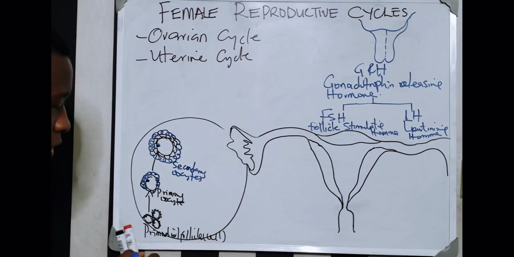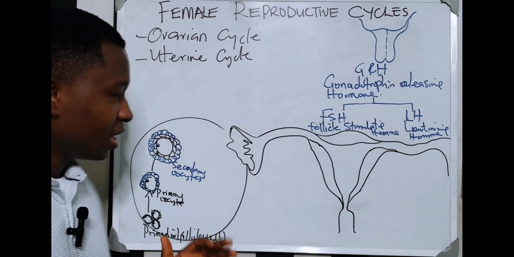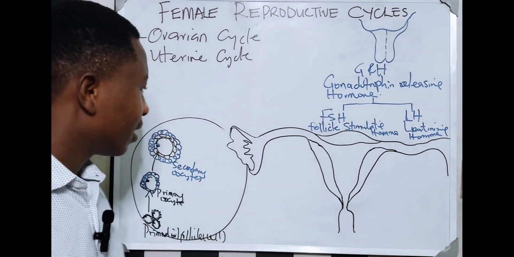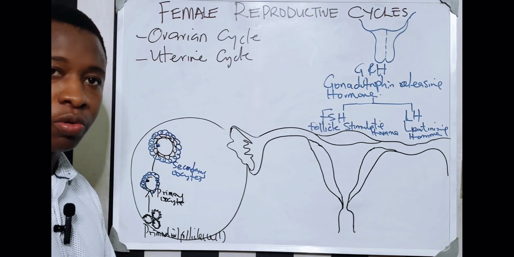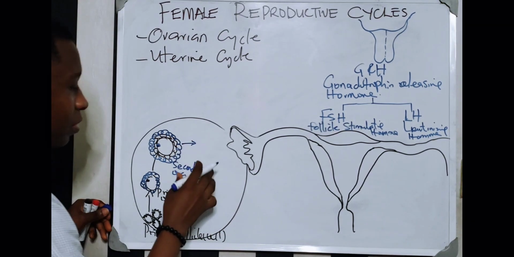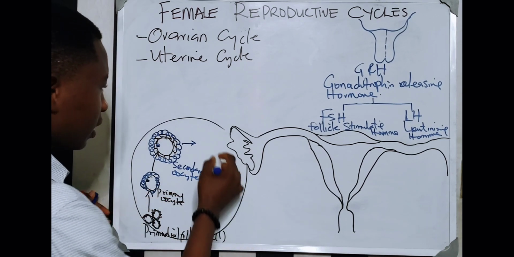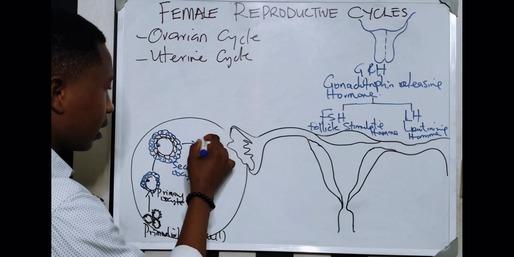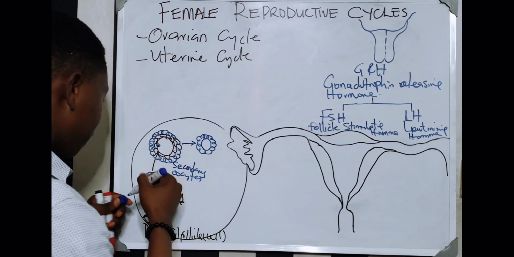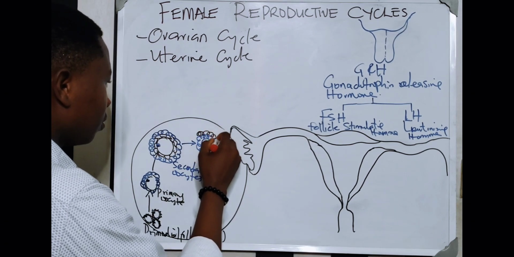Okay. Now, this secondary oocyte also, after some time, develops to form what we know as the Graafian follicle. Now, the Graafian follicle is thicker than the secondary oocyte. So you have the egg coated by layers of follicles.